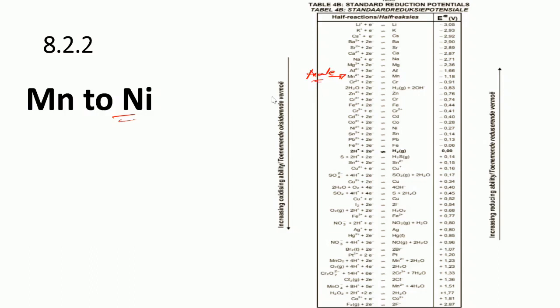Therefore nickel has to be below. Let's look for nickel. There we go, it's below, so that's the cathode. So we know electron flow is always from the anode to the cathode, which means from the manganese electrode to the nickel electrode.